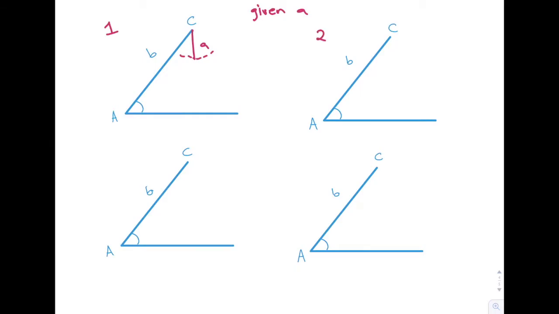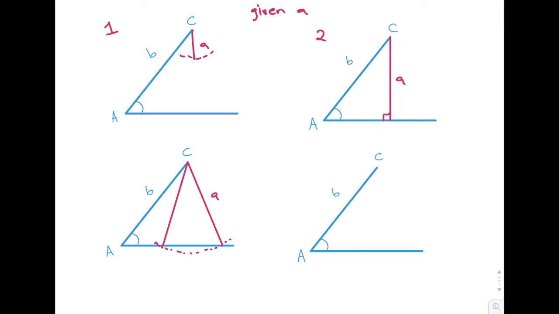Let's look at another one. We could have a length that just goes straight down and creates a right angle. So if A is just the right length, it'll drop down and we'll have a right triangle with angle A, side little b, and side little a. If the length of A is a little bit longer, then we can actually kind of sweep out this length like this.